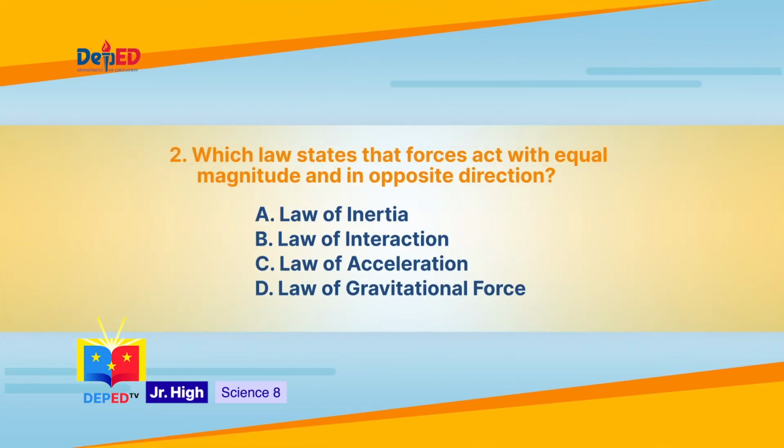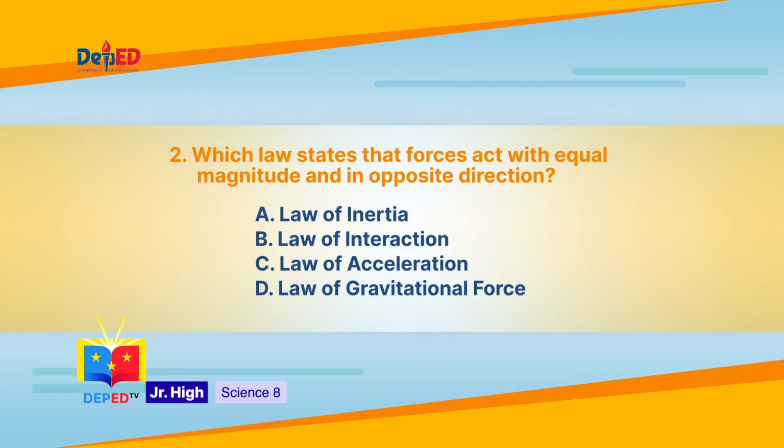Which law states that forces act with equal magnitude and in opposite direction? A. Law of inertia. B. Law of interaction. C. Law of acceleration. Or D. Law of gravitational force.